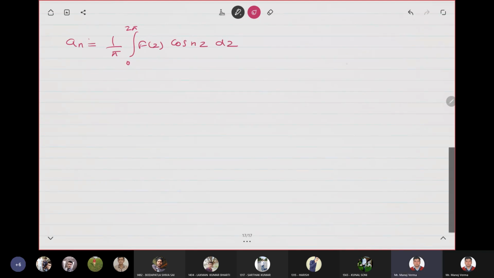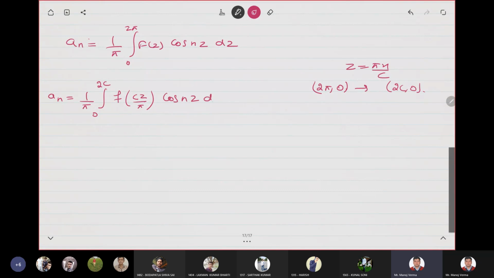In this case also, I will insert z is equal to pi x by c, and my limits will change from 0 to 2 pi to 0 to 2c. So in this expression for an, if I insert, it will become 1 over pi, with limits now 0 to 2c, F of z written as f of cz by pi, because F of z was equal to small f of cz by pi, cos nz dz.